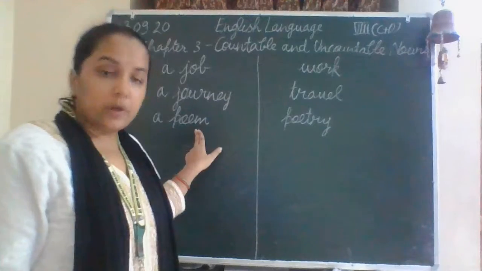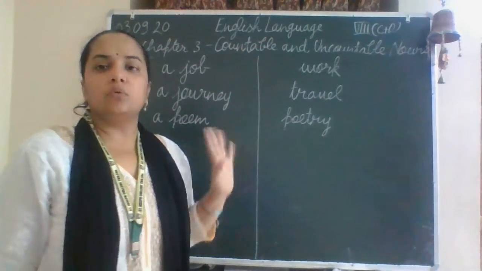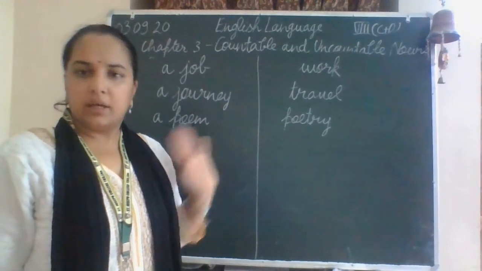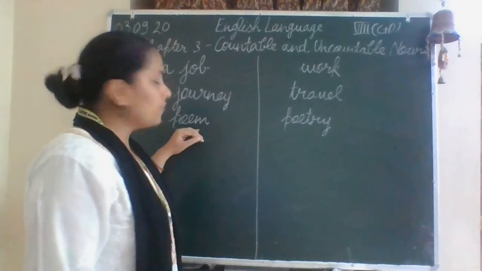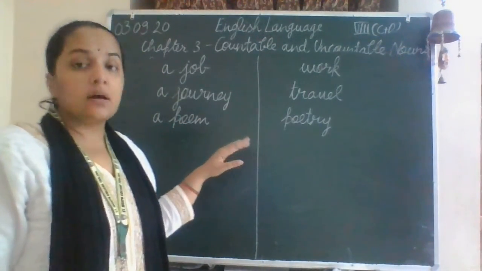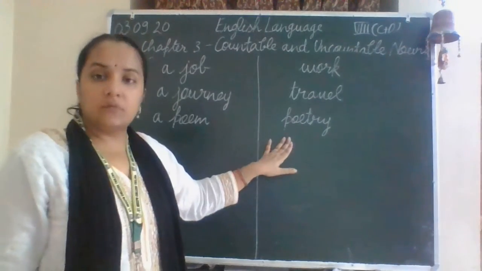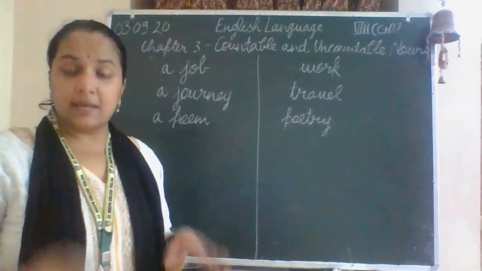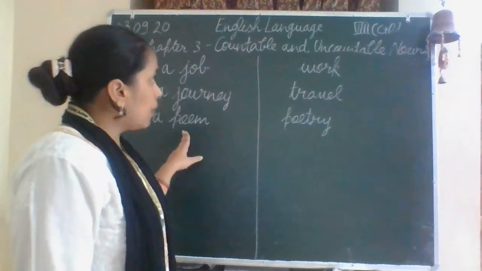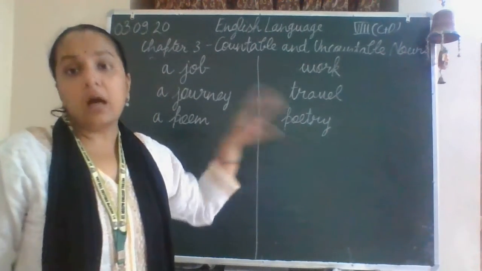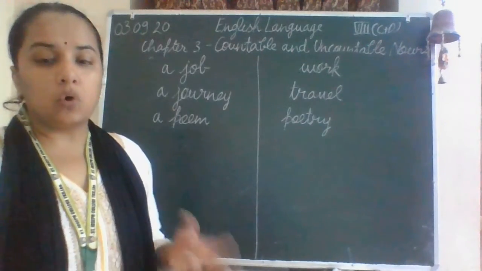We will say a poem, but with poetry, we will not use a, one, two, three, anything. So poetry will be uncountable, poem will be countable, whereas both the words are giving the same meaning, but for deriving the same meaning, we have the countable form also and the uncountable form also.